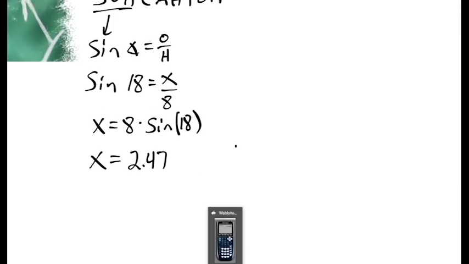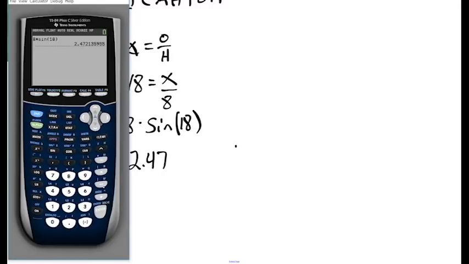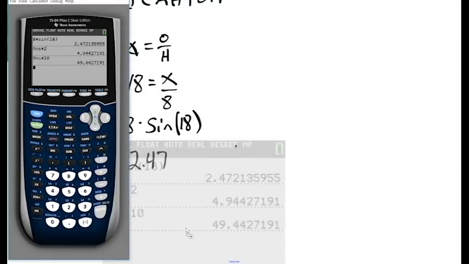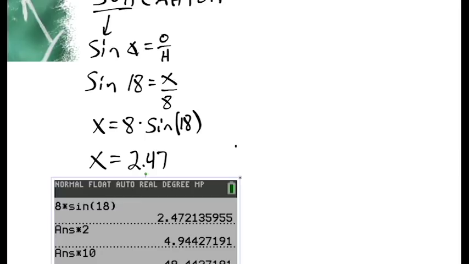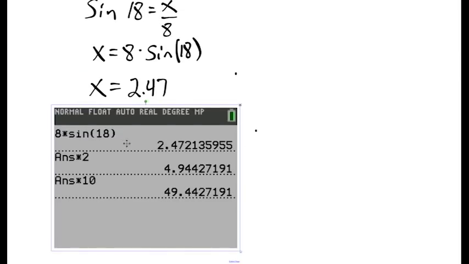So what I'm going to do on my calculator here is take that answer, double it to get our full side length, and then multiply it by 10 because I have 10 sides to get our full perimeter. As I look at my screen here, here's what x is, here's what each side length is, and there's my perimeter.